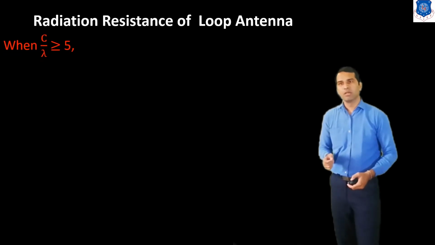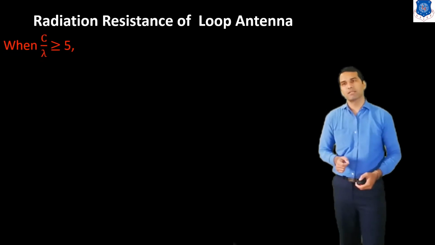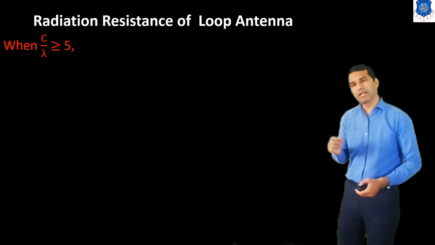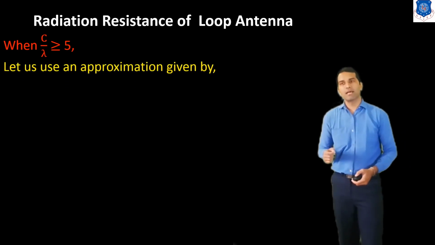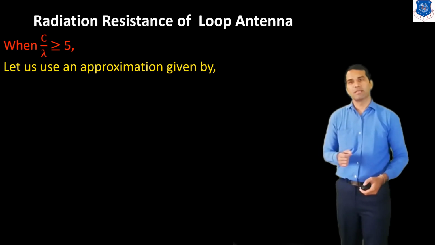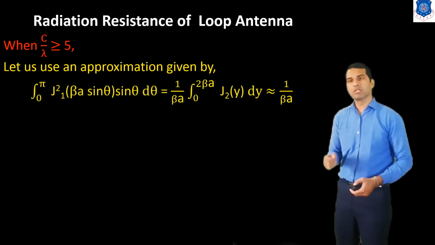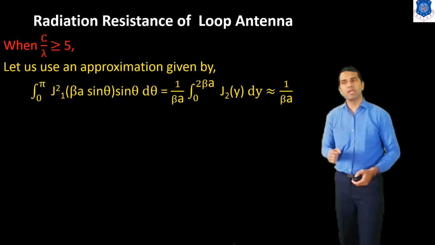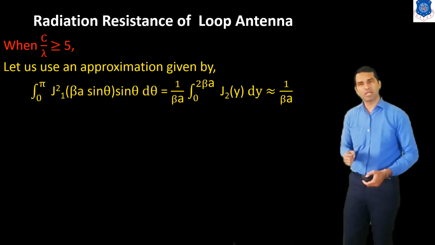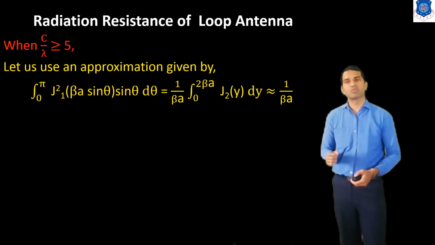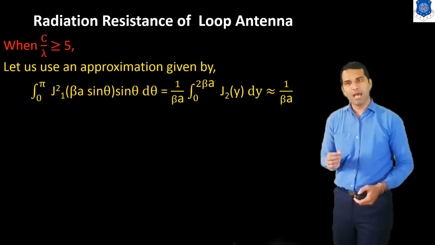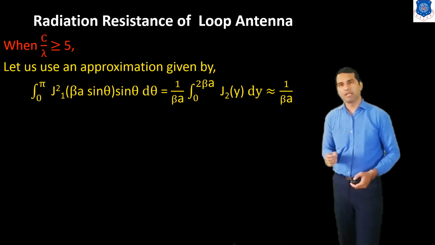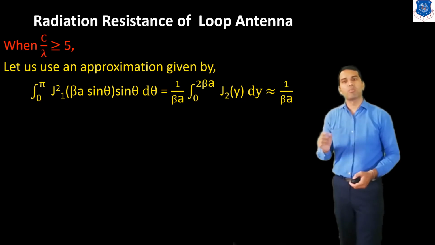Now, here we consider the case C by lambda is greater than or equal to 5. An approximation is given by the integral from 0 to pi of J1 square of beta a sin theta into sin theta d theta, which is equal to 1 upon beta a times the integral from 0 to 2 beta a of J2(y) dy, approximately 1 upon beta a.